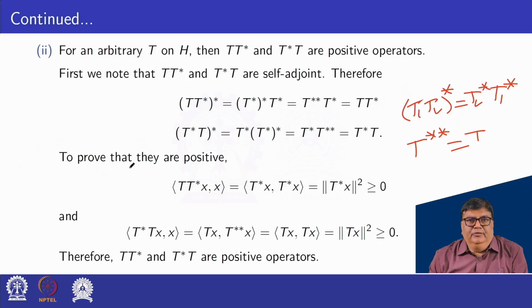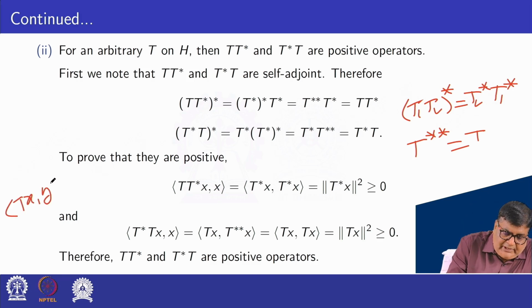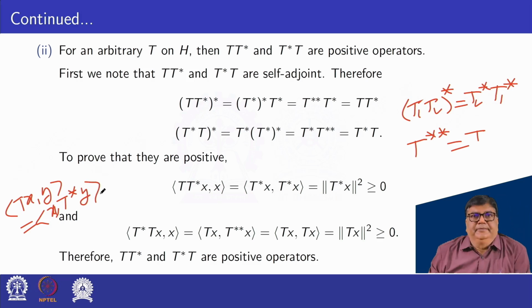Now, prove they are positive. The inner product of TT star x and x, as per the definition of adjoint operator, the inner product of Tx and y equals the inner product of x and T star y.